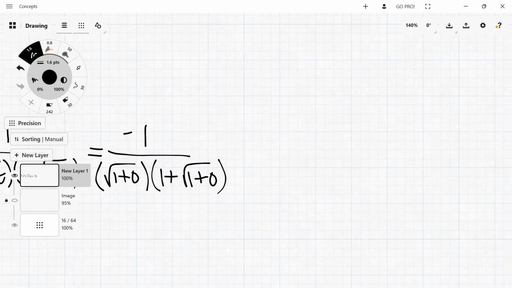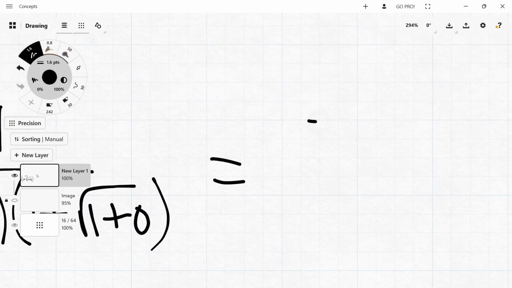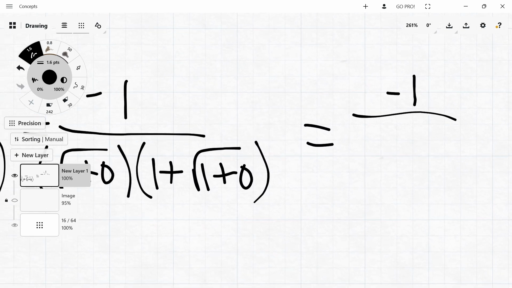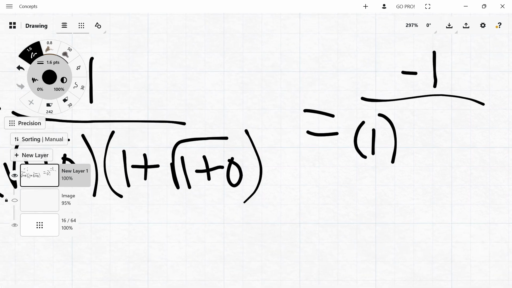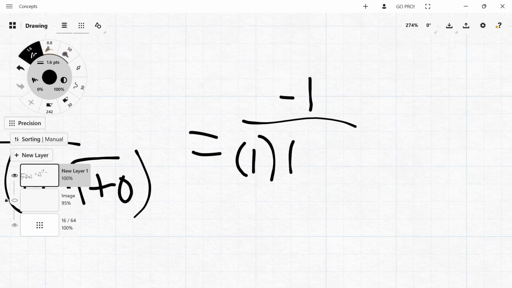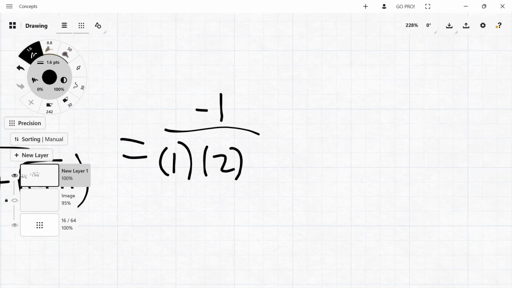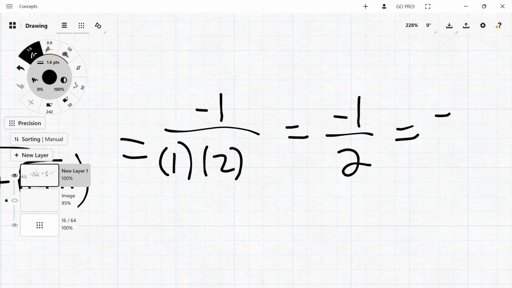The square root of 1 plus 0 is just 1, times 1 plus 1, which is 2. So negative 1 over 1 times 2 equals negative 1 half.